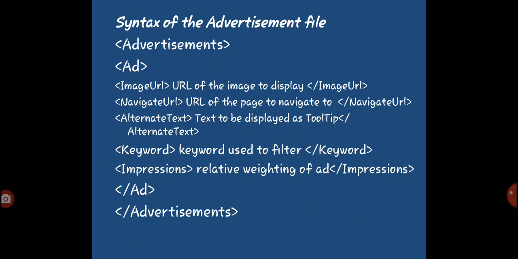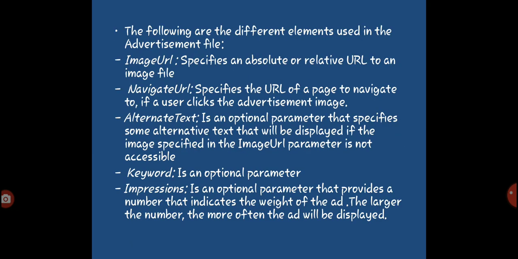So these are the elements of the advertisement file we are going to discuss: ImageUrl, NavigateUrl, AlternateText, Keyword, and Impressions. What about ImageUrl? It is the URL of the image to be displayed on the advertisement. Whichever image is going to come, its URL is given in that attribute. NavigateUrl is the destination page URL to which it moves when I click on the advertisement image.